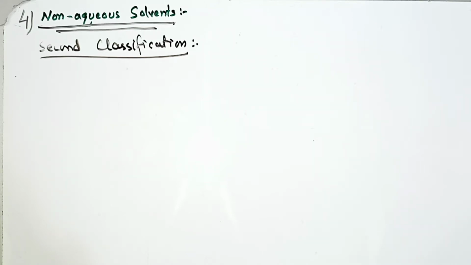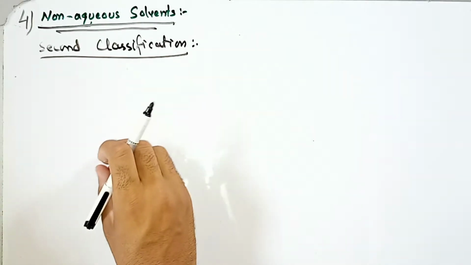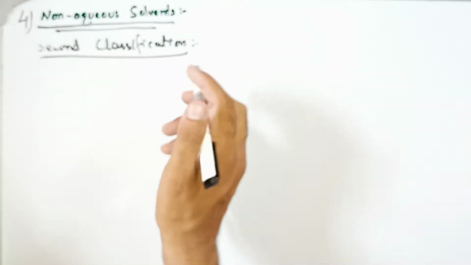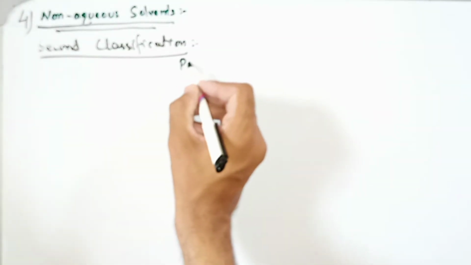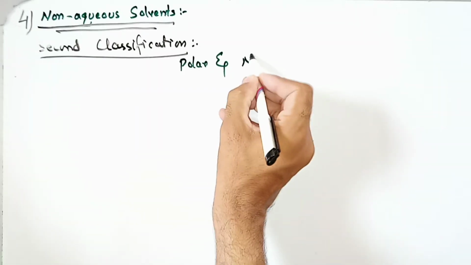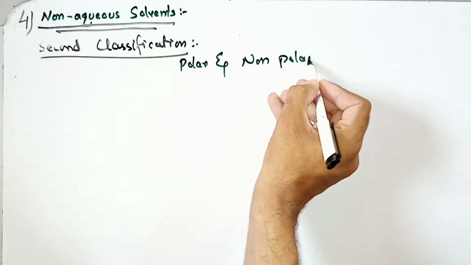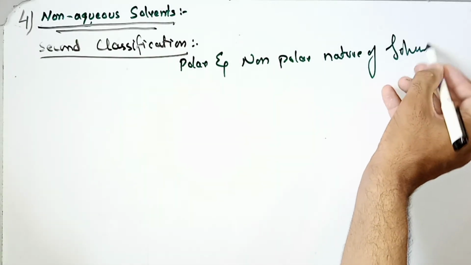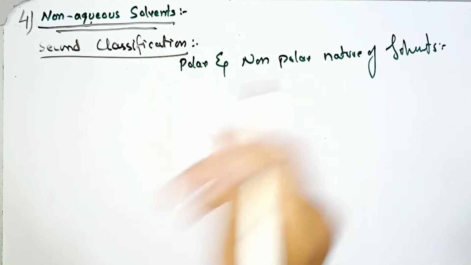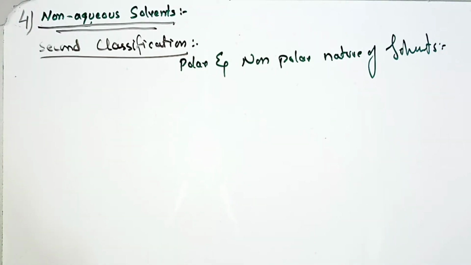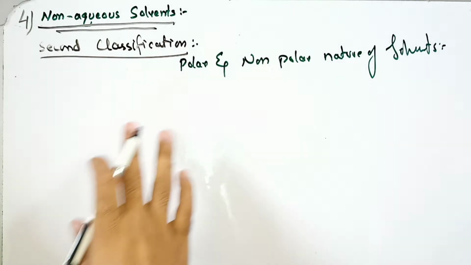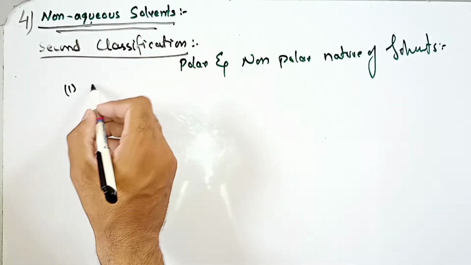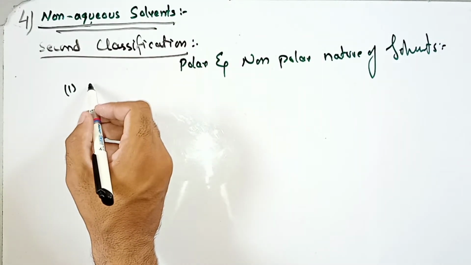But in today's classification, the classification will be on the basis of the polar and non-polar nature of the solvents. This classification gives us two types: first, ionizing or ionic polar solvents, and non-ionizing or non-polar solvents.